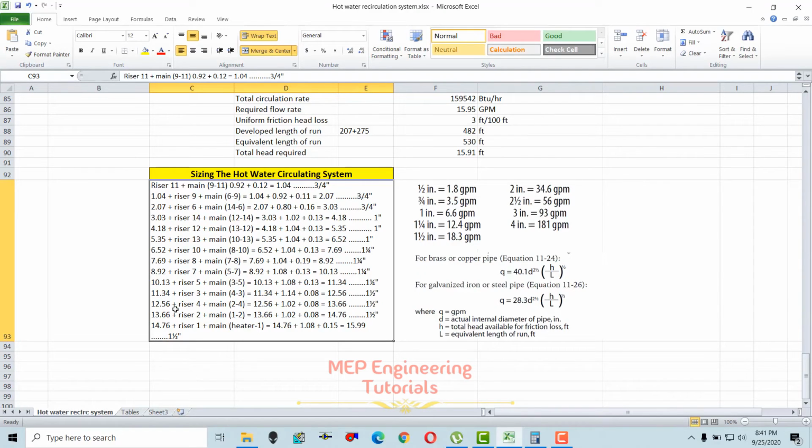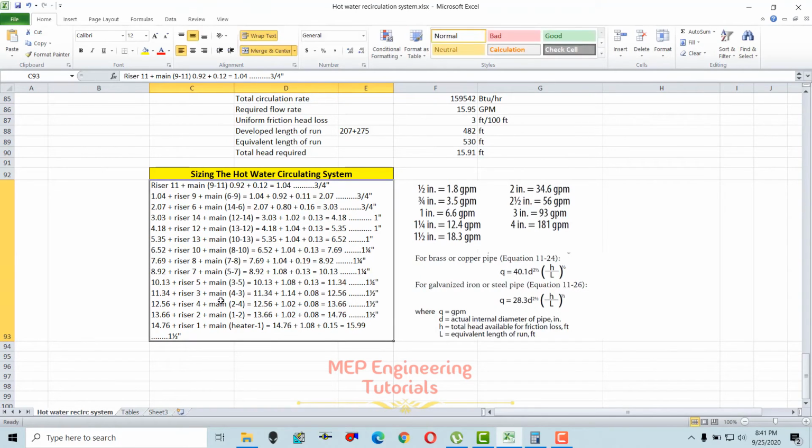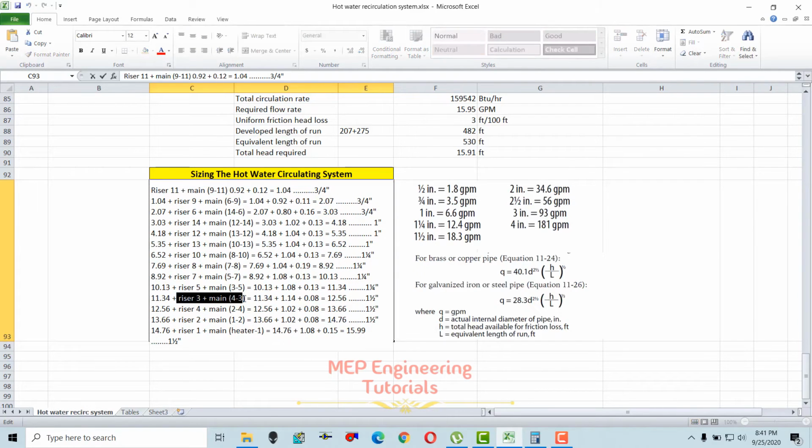So I'm gonna use some other example here now. So let's say I'm going to calculate for this one. So you have to consider the previous one also. Previous one is 11.34 plus riser 3 and main 4 to 3. That is main is this one, riser 3 and main 4 to 3.